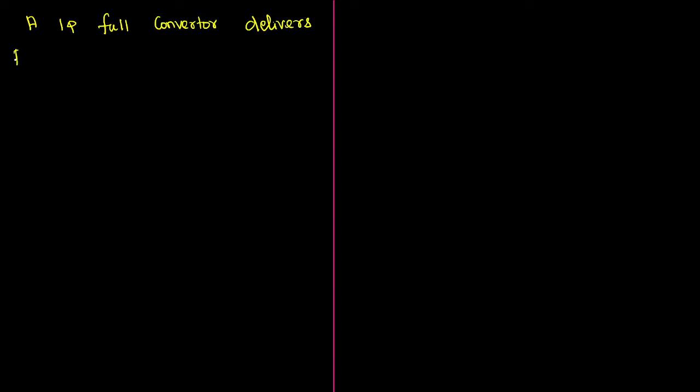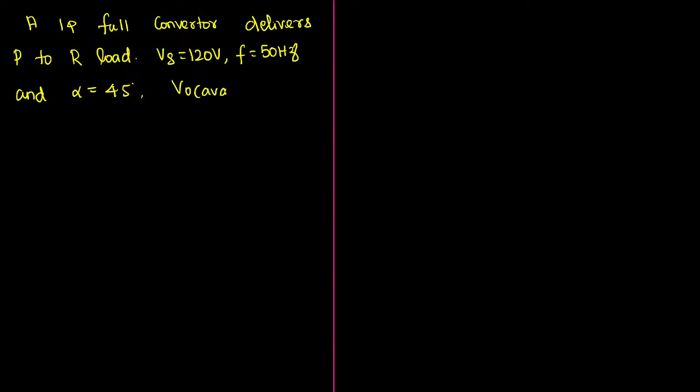Next, the AC source supply voltage is given as 120 volt, frequency 50 Hz and firing angle alpha equal to 45 degree. Everything is given. What is the V naught average? Expected value of V naught average.